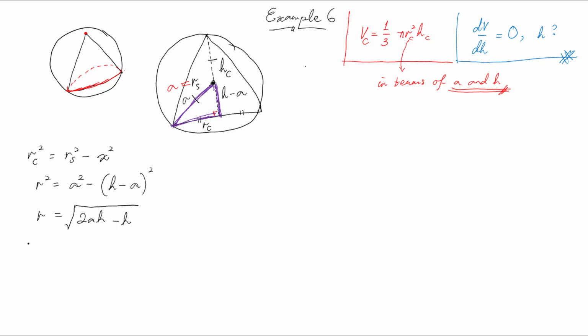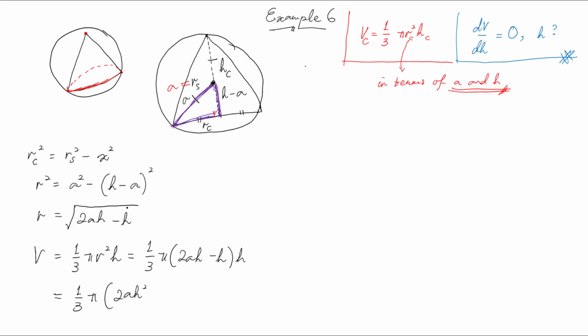So now that you have your R square for this, then your V is equal to 1 over 3 pi R square H can be rewritten as 1 over 3 pi (2AH minus H square) multiplied with H, and then you can expand it to become 1 over 3 pi 2AH square.